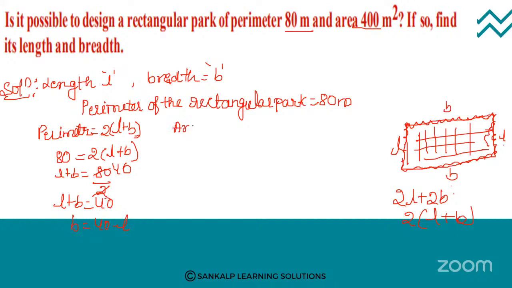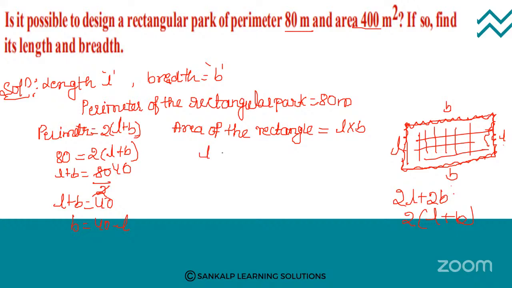Now area of the rectangle. Area of the rectangle is L into B, that is length into breadth.